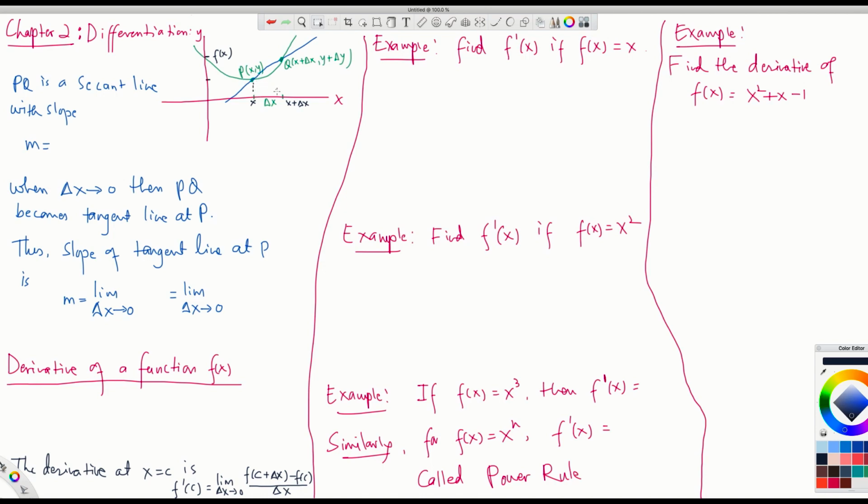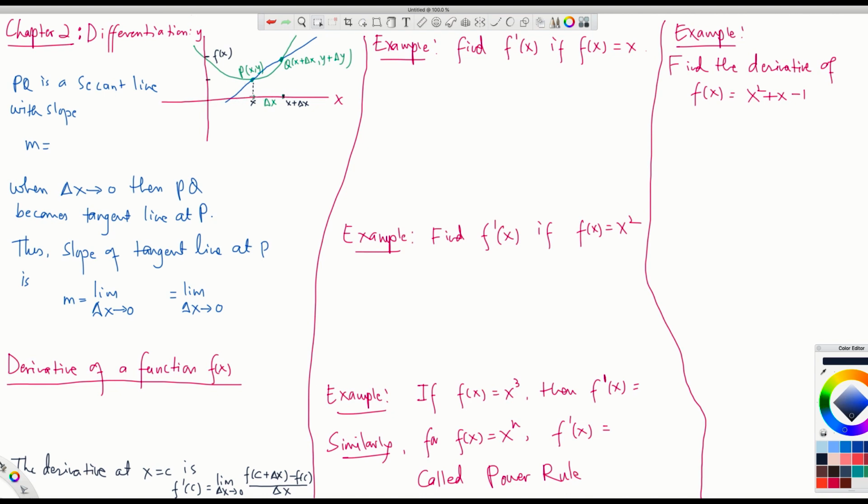You see that? A little to the right of x, about delta x distance from x, I consider another point. So a little further right from the point P, I consider another point Q. Suppose the distance between x and that point is delta x. So this whole length will be x plus delta x, right?